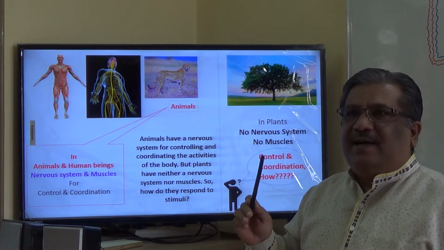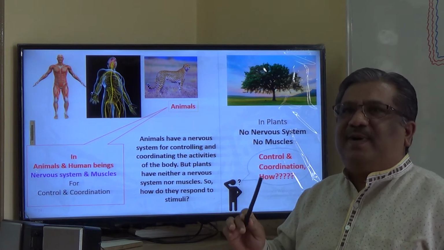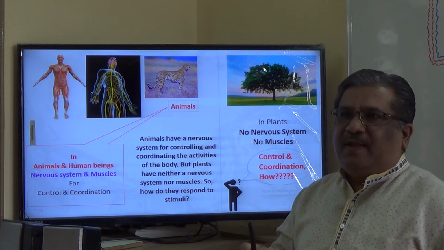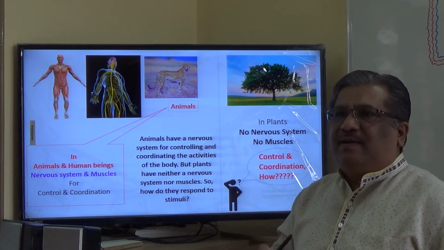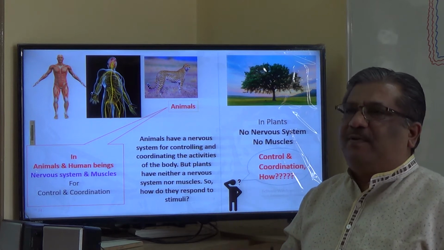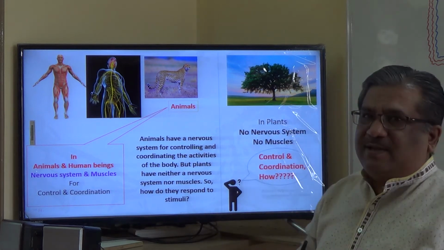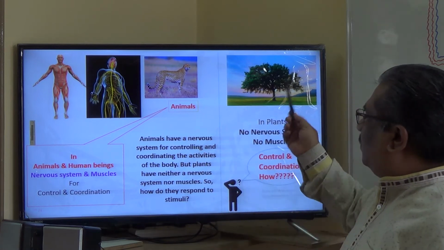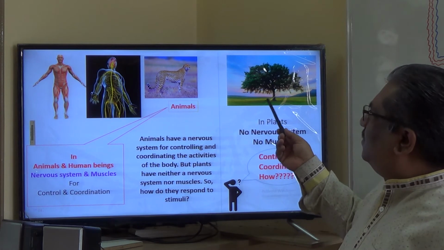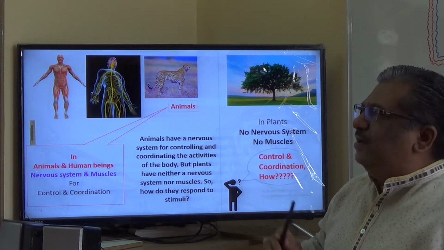That means there is definitely an instruction, or some chemical, triggering growth only in specific regions, and therefore leaves grow at a particular region and not everywhere across the stem. So here also there is control and coordination.